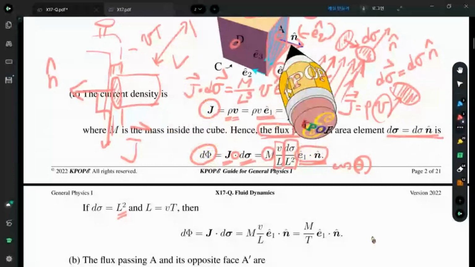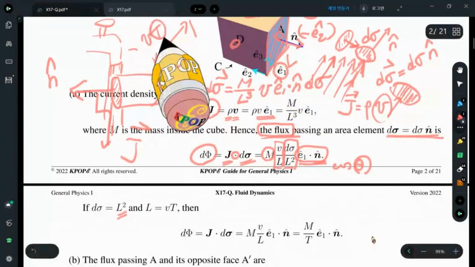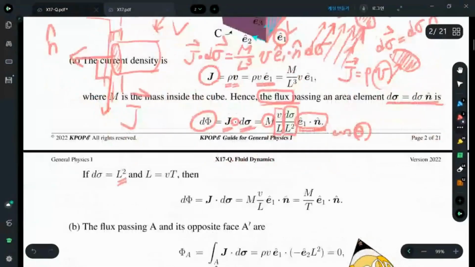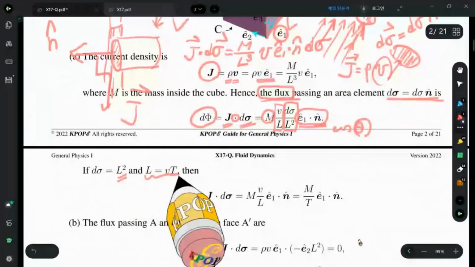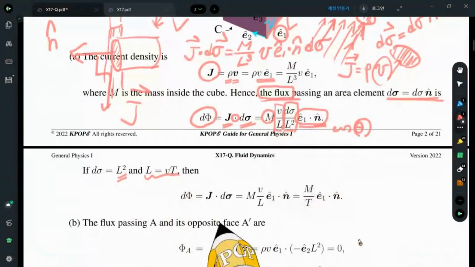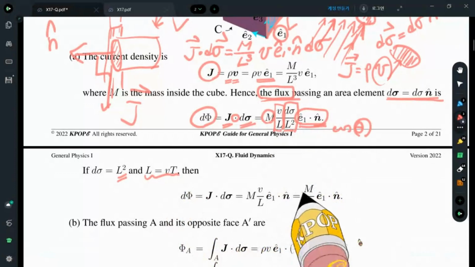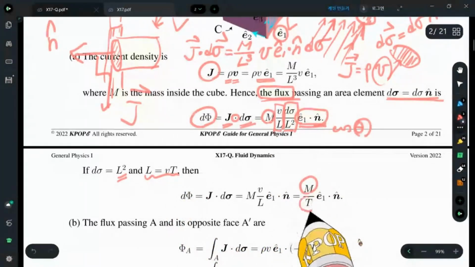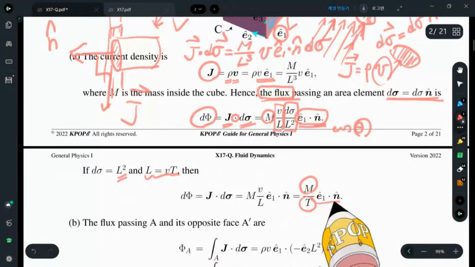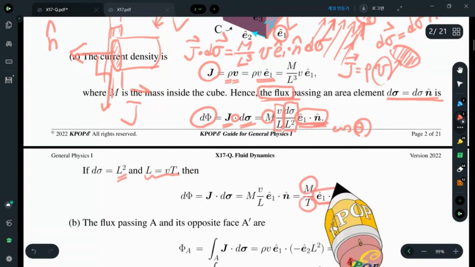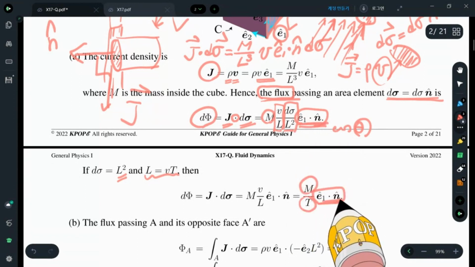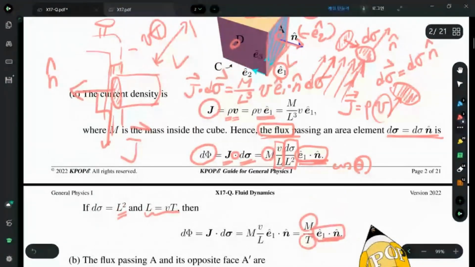With the length of this side, you can determine a time scale. So we introduce this time scale, then this one is expressed as the mass divided by time and multiplied by this cosine theta. This is identical to this.